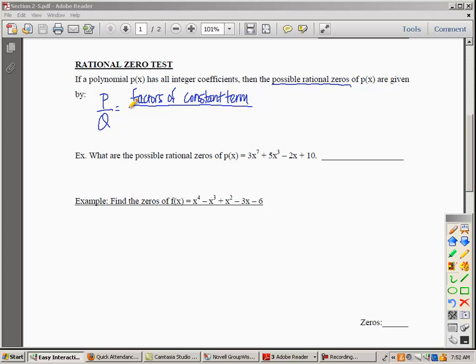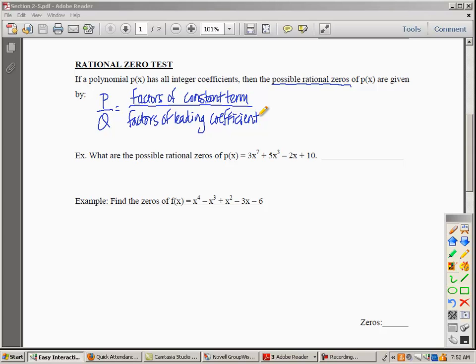So if there's a +4 at the end, you would list the factors of 4. The values of q are the factors of the leading coefficient, which is the number in front of your highest degree term. So we're going to set up a fraction and look at all of these possibilities.